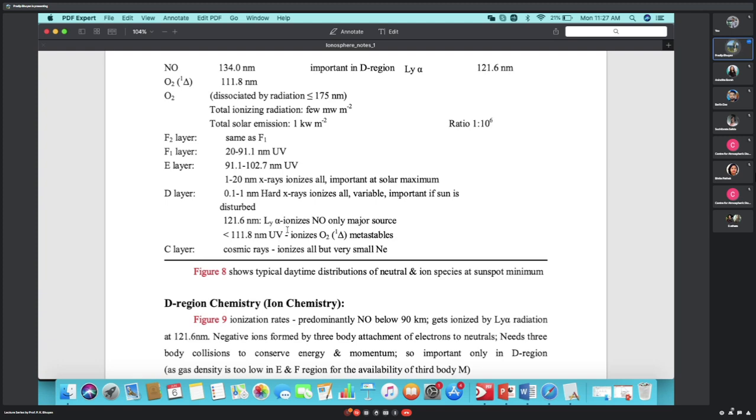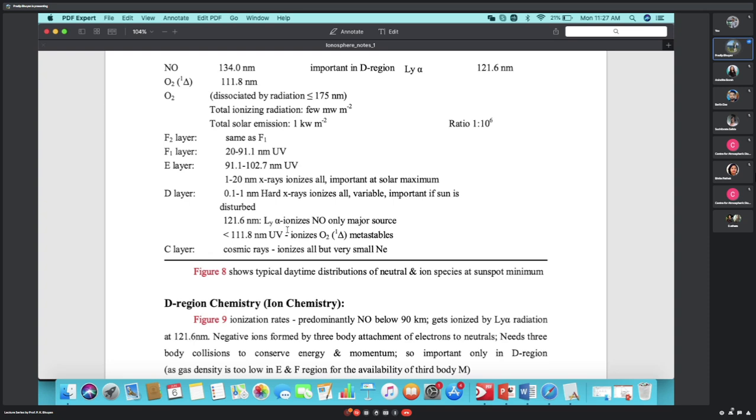Therefore, different radiations with different strengths will come to different heights, and as a result we get different amounts of ionization, and also because the number of atoms and molecules varies with height, altitude.